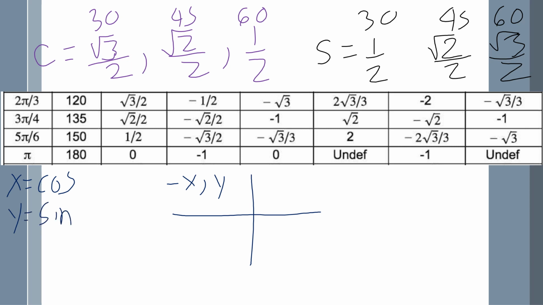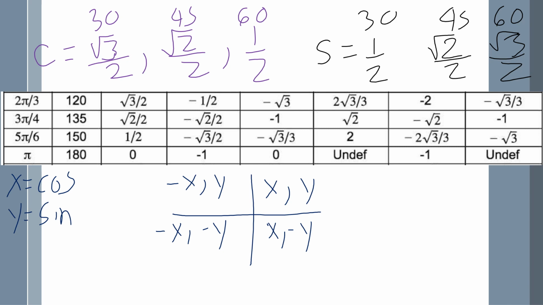So you got to know your coordinate plane. Quadrant 3 is going to be negative x, negative y, and then 4 is going to be x, negative y, and then quadrant 1 is going to be x, y. So you got to know all of this. If you know this, you're going to be all right.